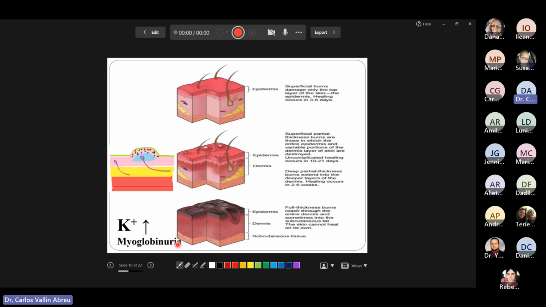The problem of myoglobinuria is that this protein can clog the tubules of the kidneys and produce acute renal failure. The myoglobin can be detected in the urine in lab tests, but it is going to confer a reddish brown color to the urine that should make you suspect this complication.